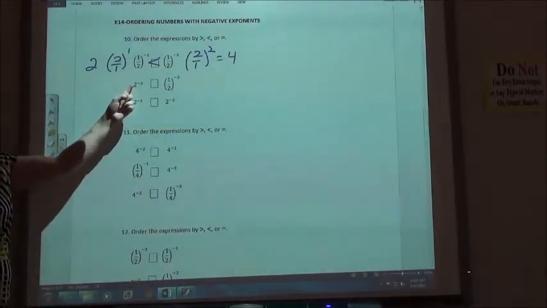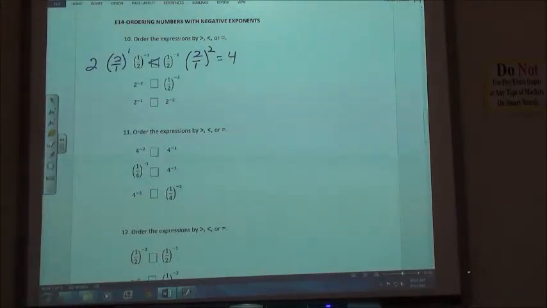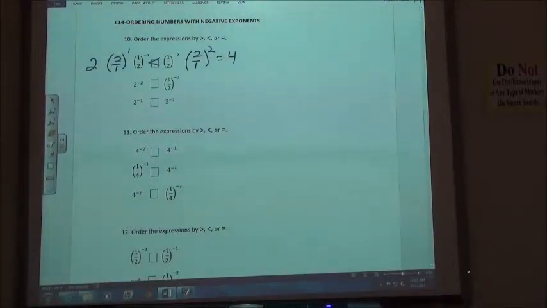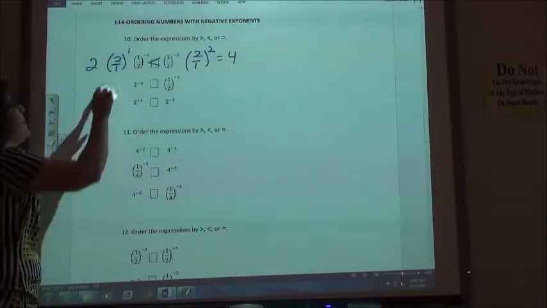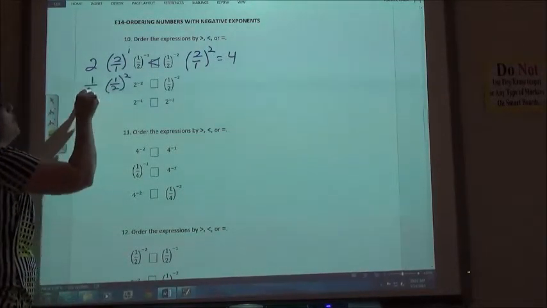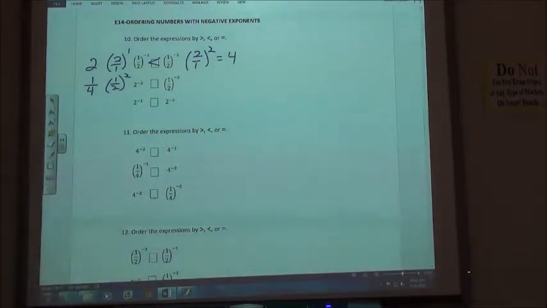So if I'm doing 2 to the negative 2, I'm going to rewrite it as 1 over 4. I'm going to write it as 1/2 to the second power, so I get 1 over 4. The reciprocal of 2 is 1/2. Then I'm going to make it a positive 2 exponent, and 1/2 squared is 1/4.